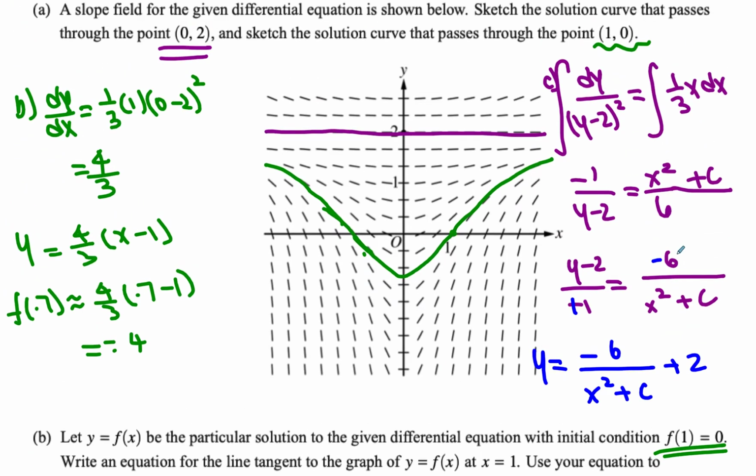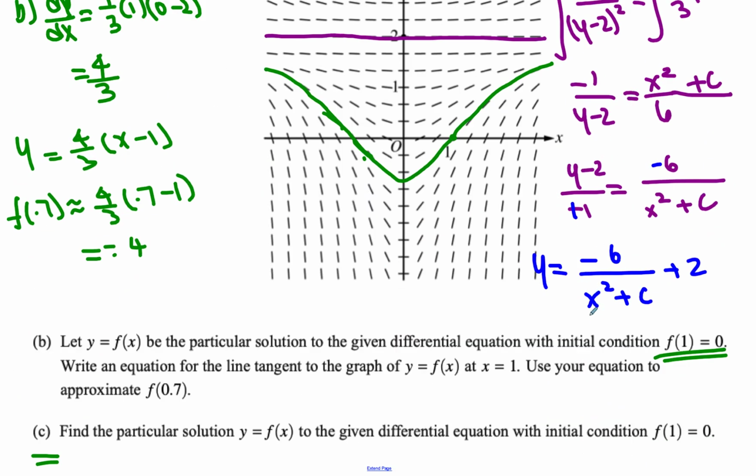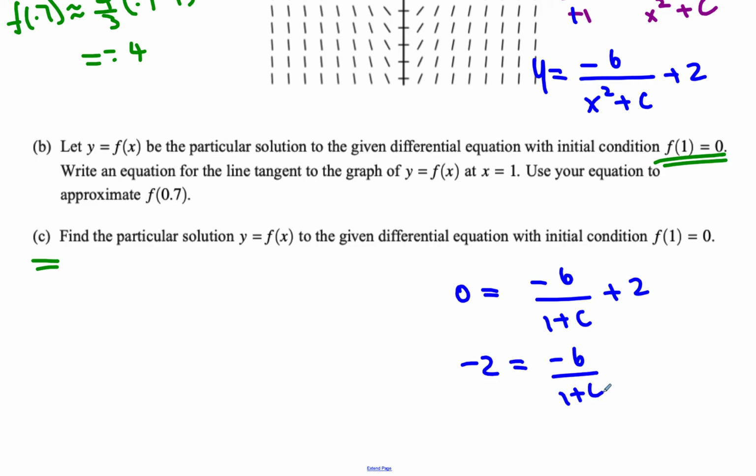Now, when I plug in 1, it should be equal to 0. So I'm going to do the work on the side here on the bottom. 0 equals negative 6 over (1 plus C) plus 2. Then you can see that negative 2 should equal negative 6 over (1 plus C).